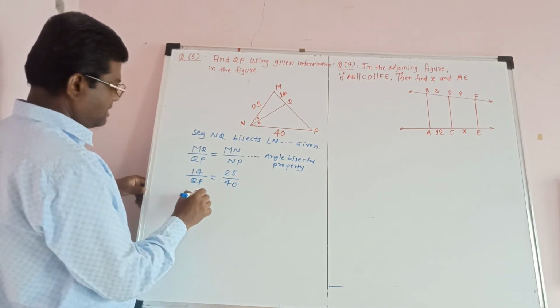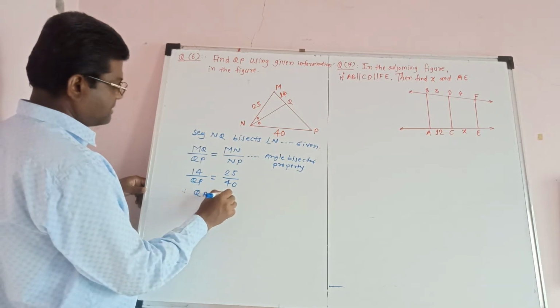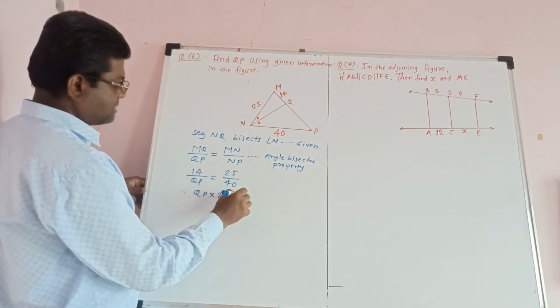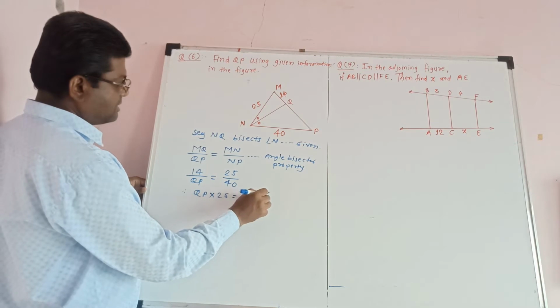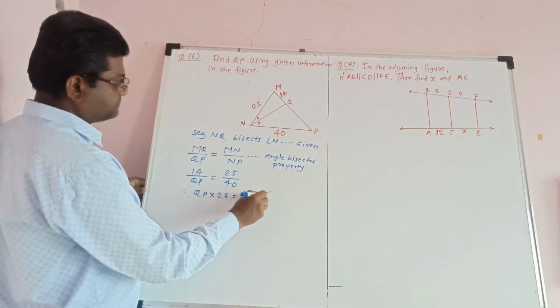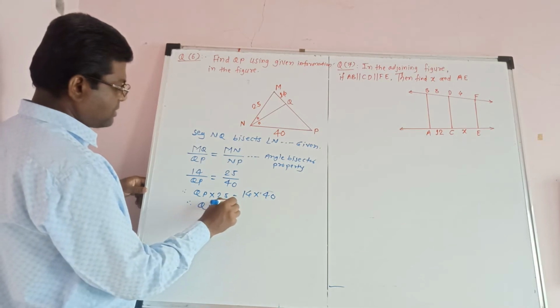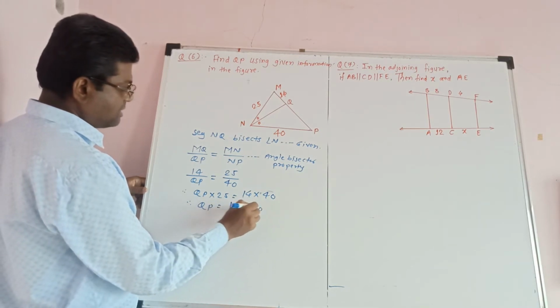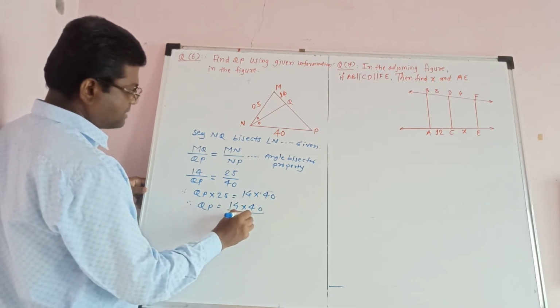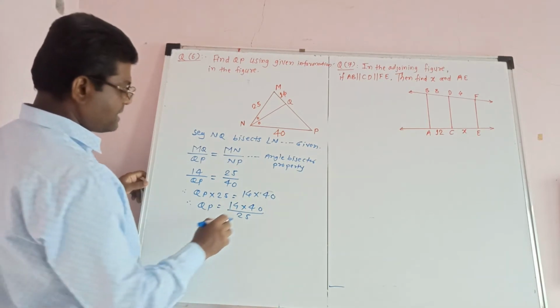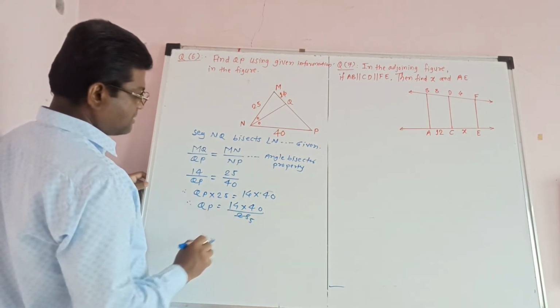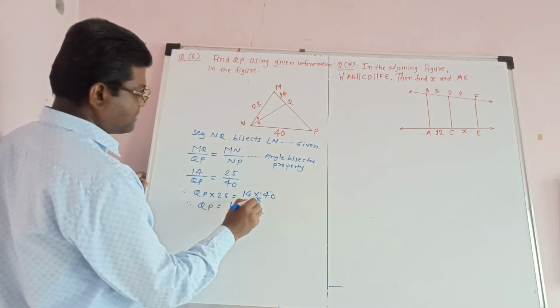Therefore QP into 25, cross multiplication, is equal to 14 into 40. Therefore QP is equal to 14 into 40 upon 25. So divide by 5. 5 5s are 25, 5 8s are 40.